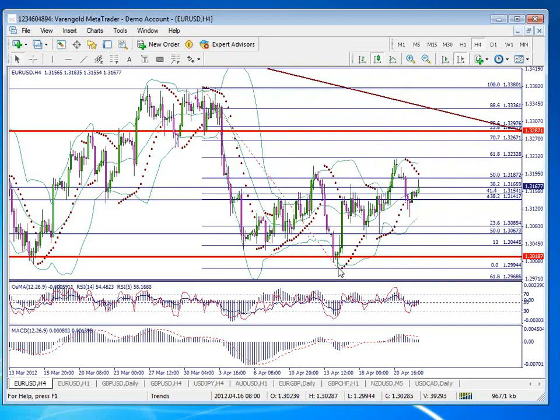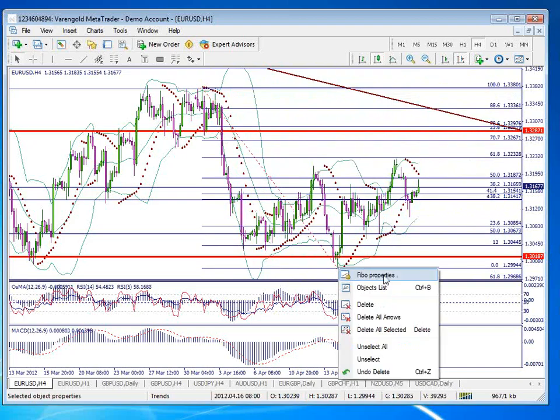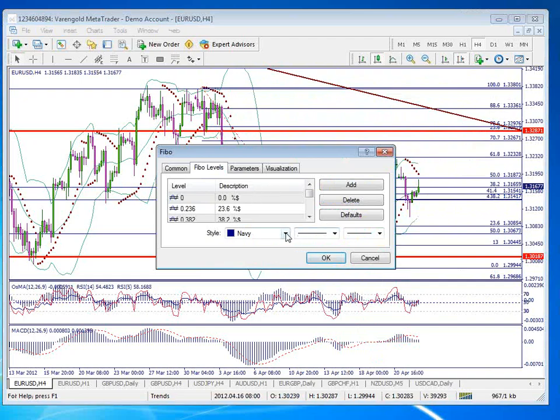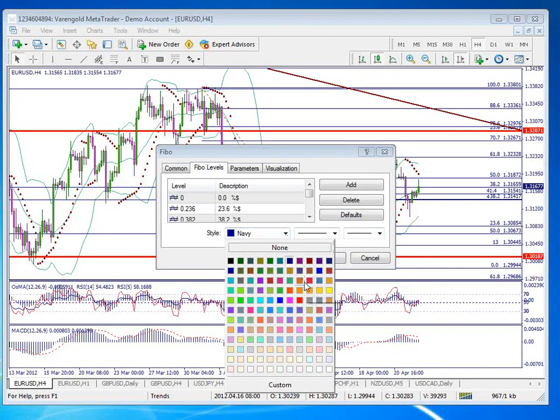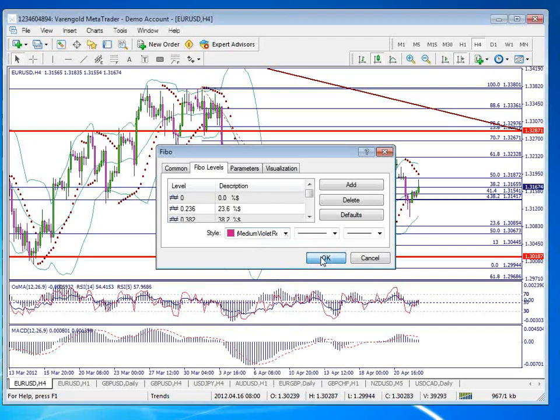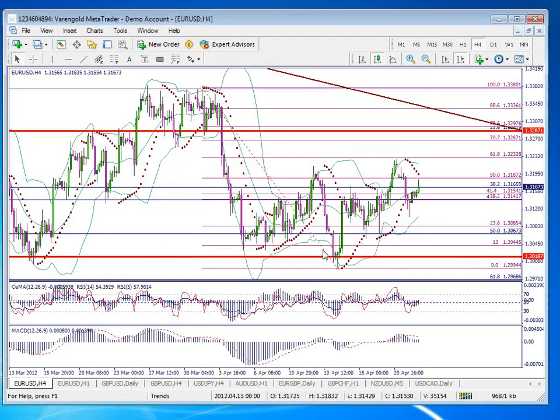I will make it another color. And we can follow the moves of the pair related to this wave.